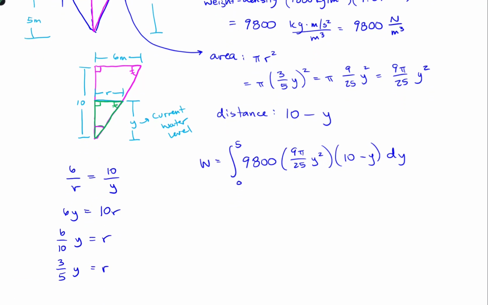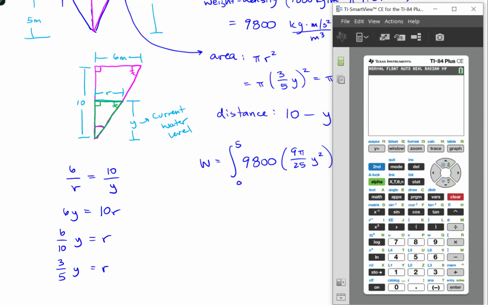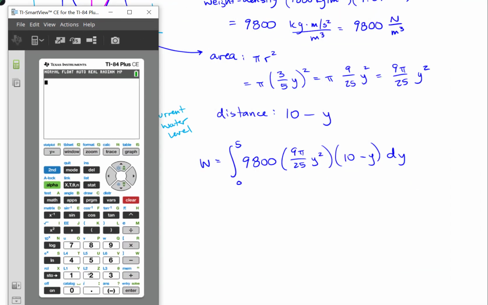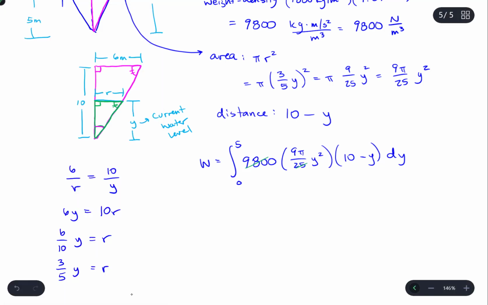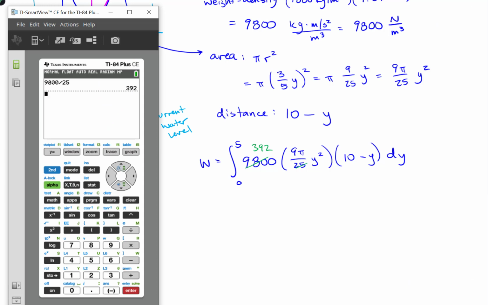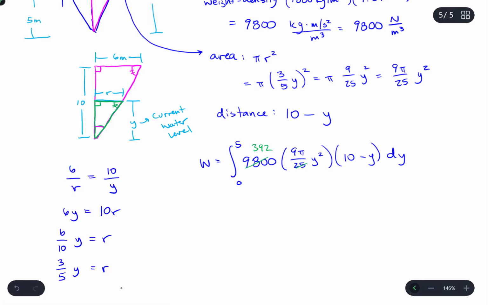And this right here, I'm just going to maybe clean up a little bit. Let's see. I think 9,800 would be divisible by 25. Okay, it is. So I could take that into that and get 392, it looks like. Then I could multiply that by 9, so that's 3528.